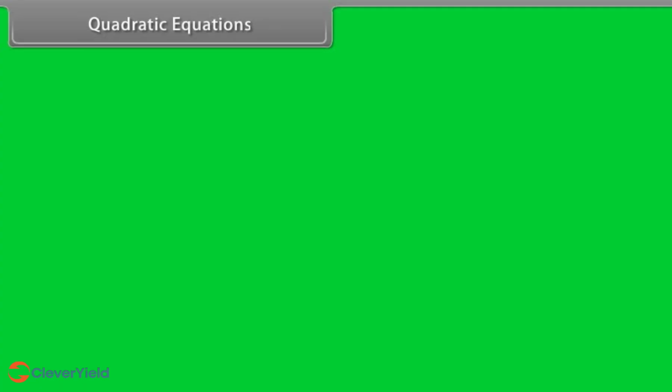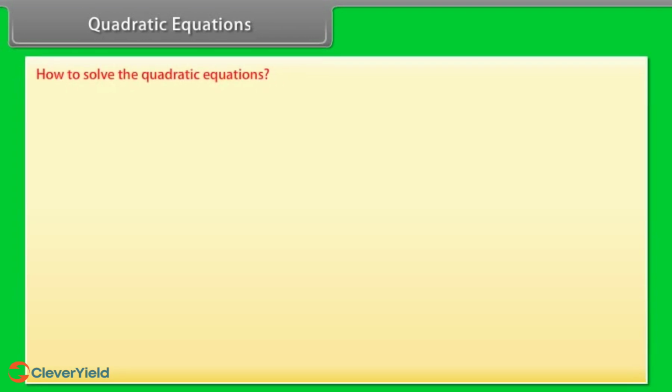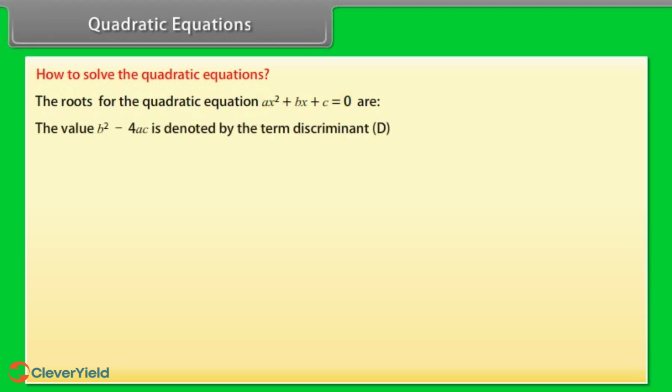Quadratic equations. How to solve the quadratic equations? The roots for the quadratic equation ax square plus bx plus c is equal to 0 depend on the value b square minus 4ac, which is denoted by the term discriminant d.